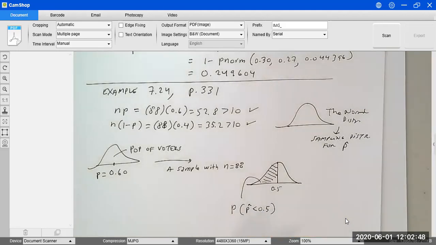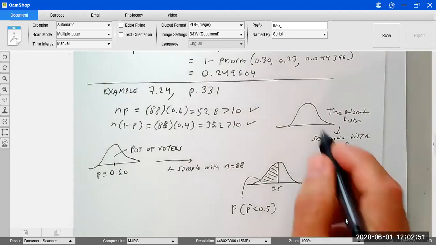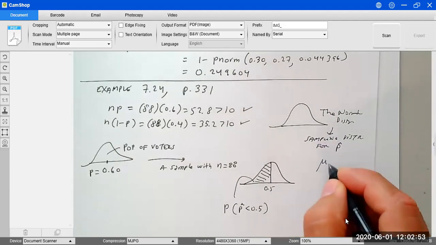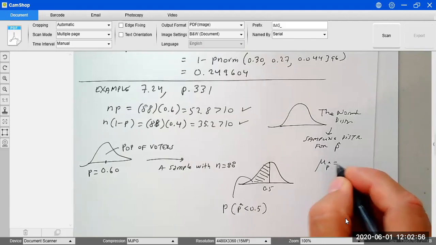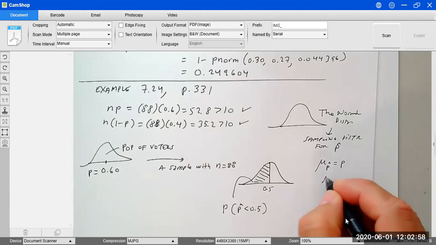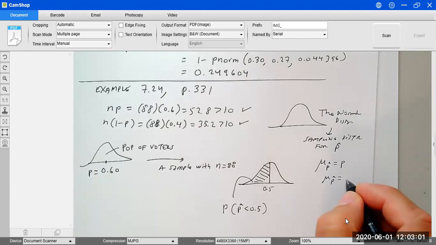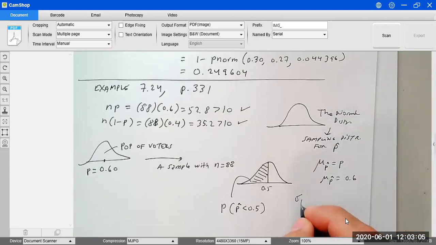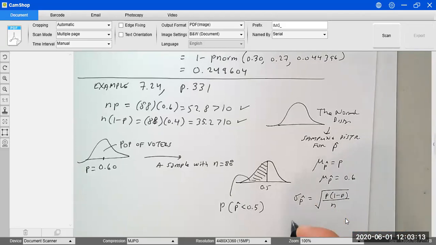So first we're going to need the parameters for this distribution. So mu for the proportion is just p. So mu for the proportion is going to be 0.6. And the standard deviation for the distribution is going to be just the square root of p times 1 minus p over n. So this is going to be equal to 0.6 times 0.4 over 88.